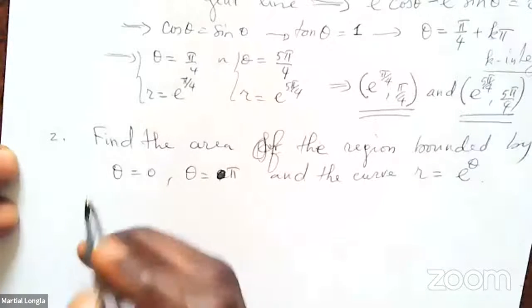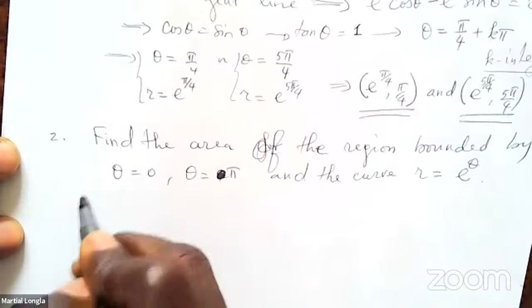Is it e to the 2 pi over 2? Well, you show out the work. How do we do?